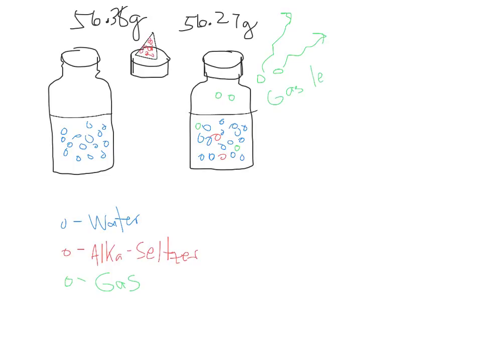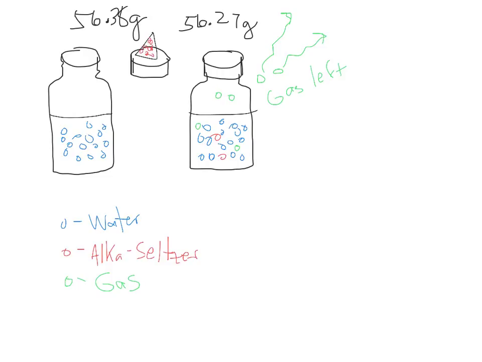The gas left the vial, which did what? Oh, it dropped your mass. Why'd your mass go down? Because you lost some particles. You getting me here? You lost particles, mass went down. How did they get out? The gas got out.